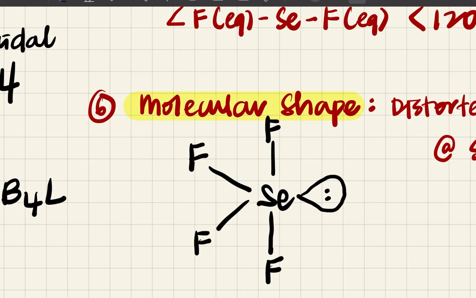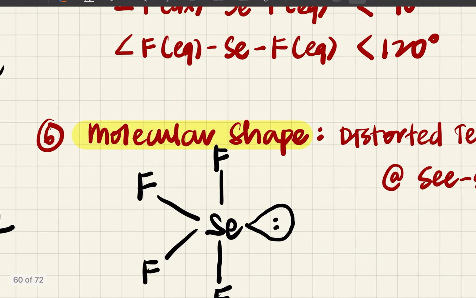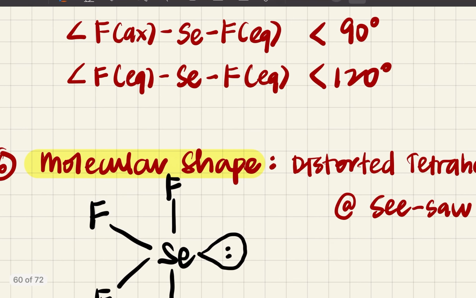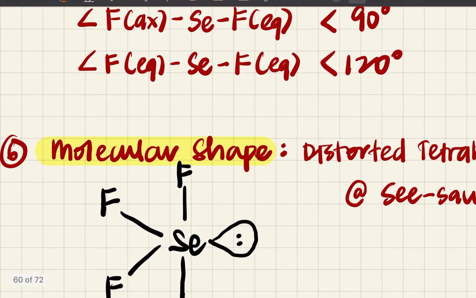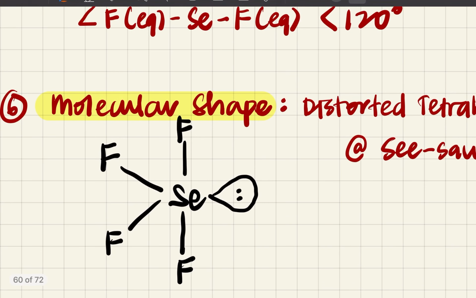Now that we have our four fluorines, we can show the bond angles. We must show the bond angles. Fluorine, selenium, fluorine, axial and equatorial position: look here, this will be less than 90 degree.